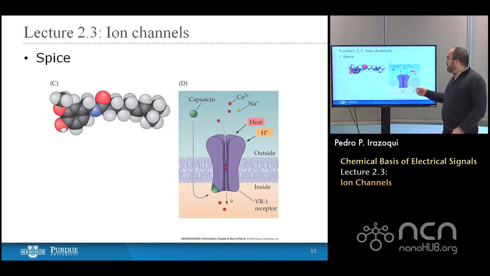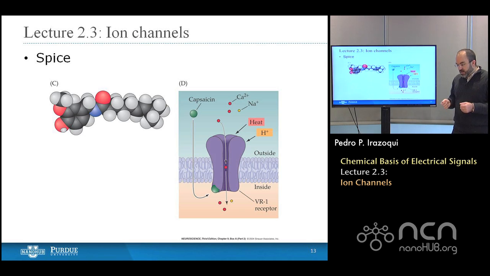Interestingly, there's also a molecule called capsaicin, and capsaicin is the primary ingredient in hot sauce and chili peppers. It's what gives food the subjective experience of burning. And capsaicin comes directly through the neuronal membrane, and it binds to the ion channel on the inside, opening it up and allowing the same process of depolarization, which is perceived as temperature.